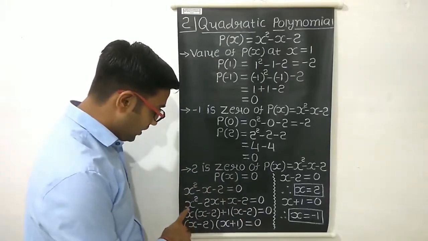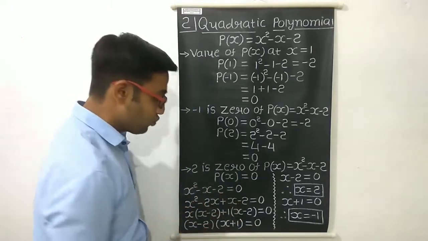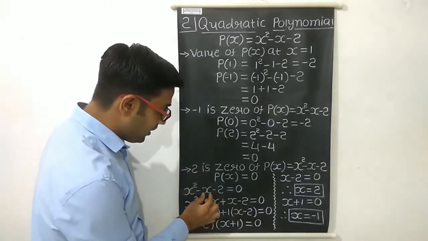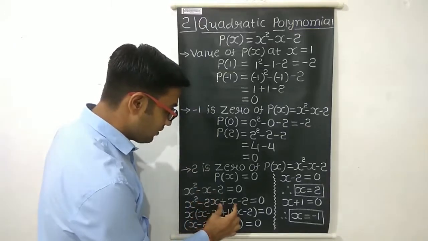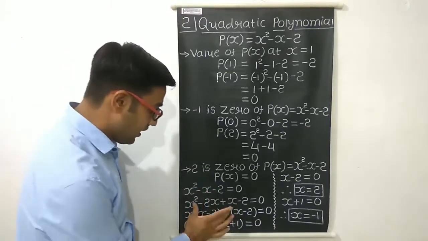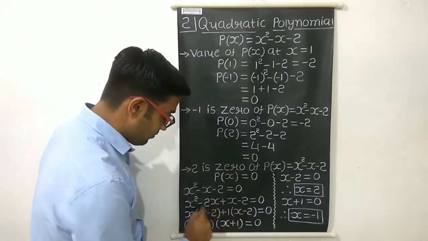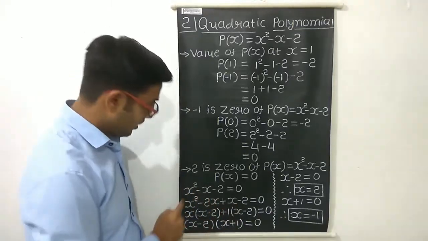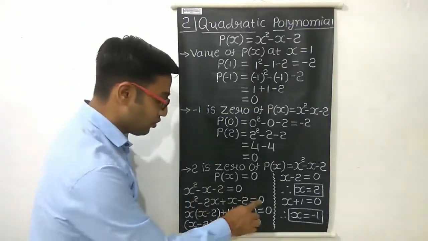So we can write here x square minus 2x plus x minus 2. We split the middle term minus x as minus 2x plus x. You can see that the simplification of minus 2x plus x becomes minus x. The first term x square and minus 2 we put down as it is, equals to 0.